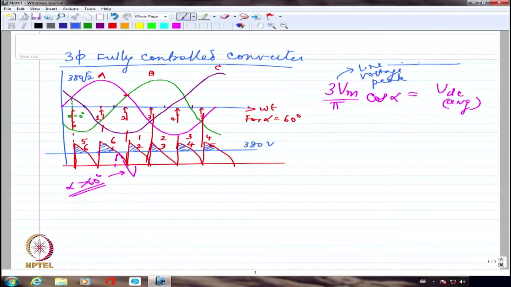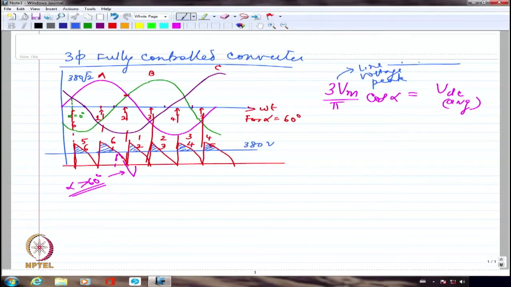Battery voltage may be slightly fluctuating, but we are ignoring that because we are saying that it's a 380 volts battery or 415 volts battery. We are ignoring whatever is the oscillation in the battery voltage. Right? Okay. So much so for fully controlled converter. I have still not gone for alpha greater than 90. We will take it up after we do the semi-controlled converter for three-phase.